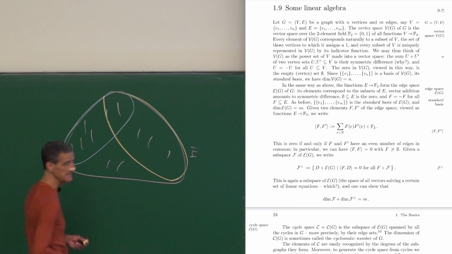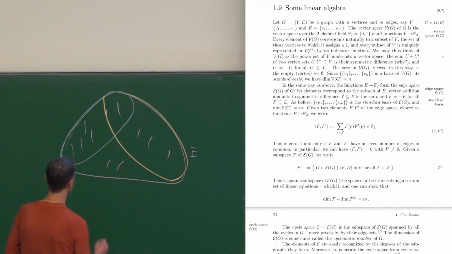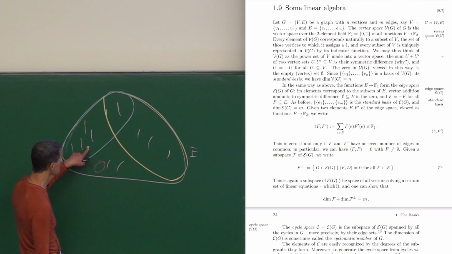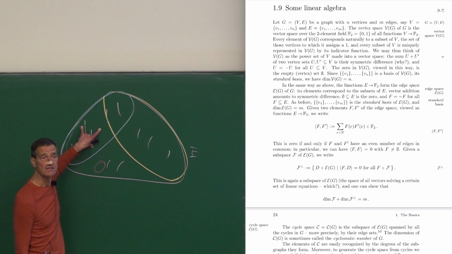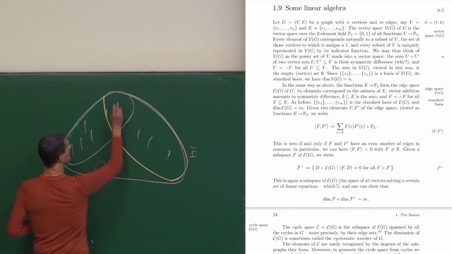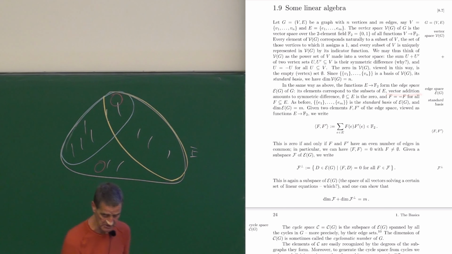There are some edges left down here which get a 0 in both of these functions. So these get a 0 in both of them. And when you add them, these will still get a 1 because they get a 1 under the blue function and a 0 under the yellow function, and 1 plus 0 is 1. Likewise, these will get a 1, but those will also get a 0 because they get a 1 under both functions, and therefore 1 plus 1 is 0.